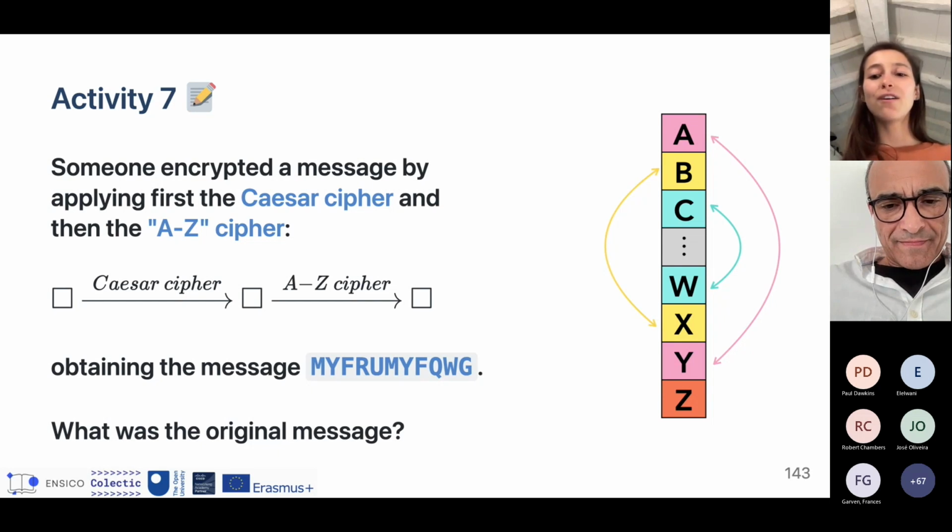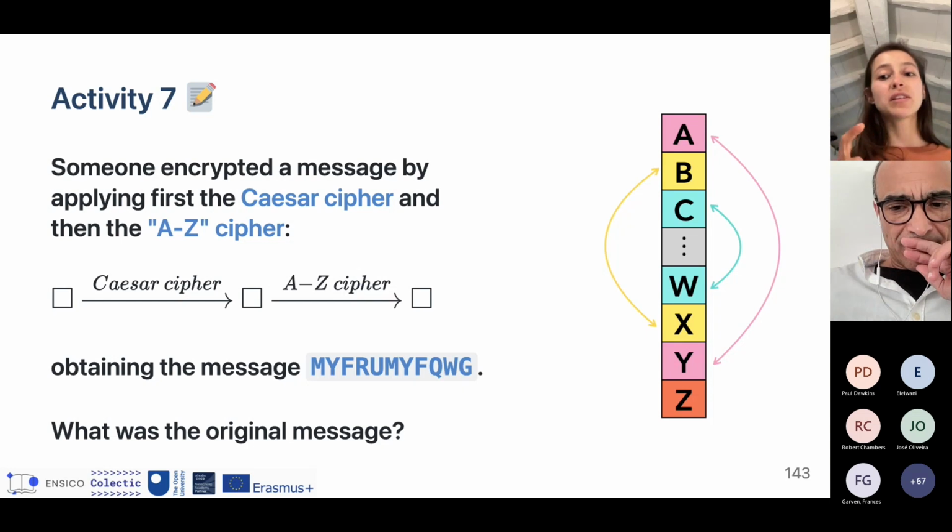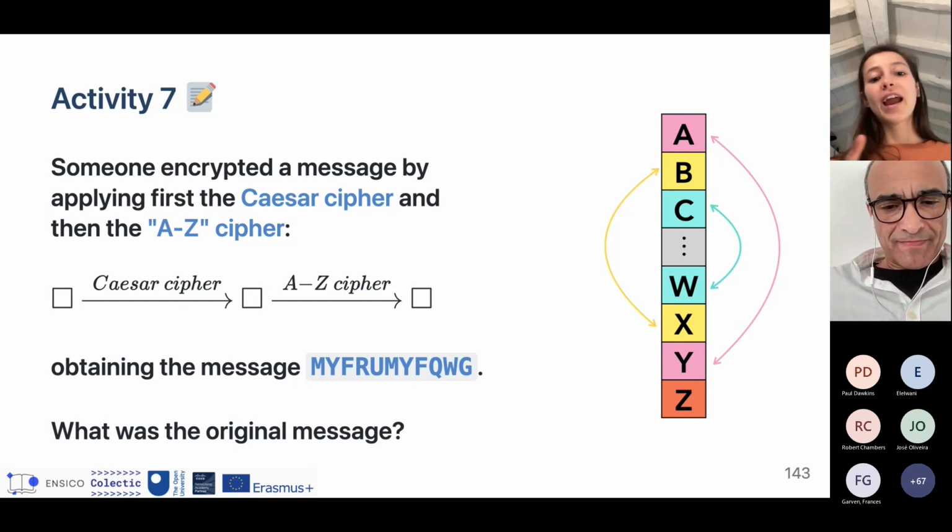Louise, I would ask you to launch the poll, please. You may not have time to answer it, but we are talking about functional composition here, okay? So the Caesar cipher is basically a function and the AZ cipher is another function. So we are simply going to apply one function and then apply another function, and that's functional composition.